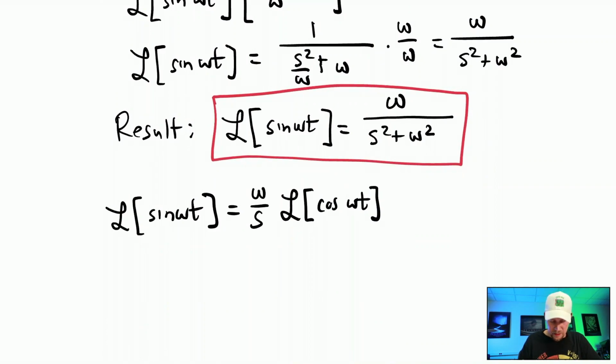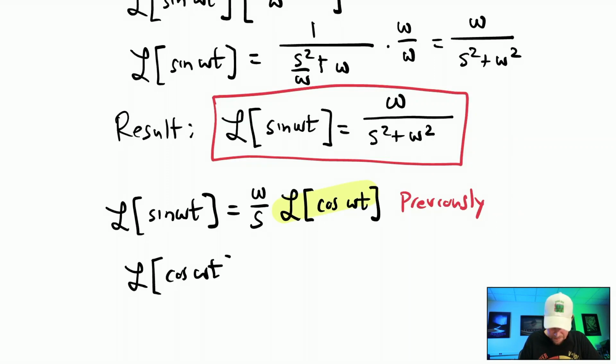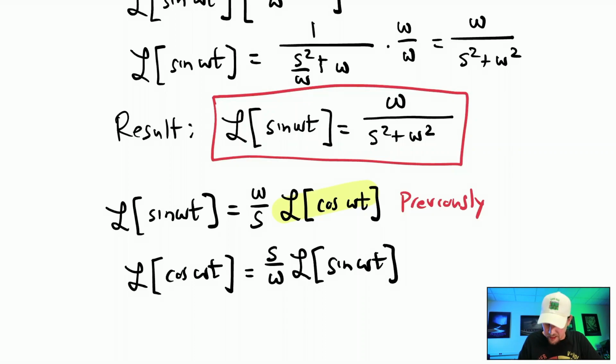So here in this equation, which we'd found previously, I can solve for this. So the Laplace transform of cosine omega t is equal to s over omega, the Laplace transform of sine omega t.